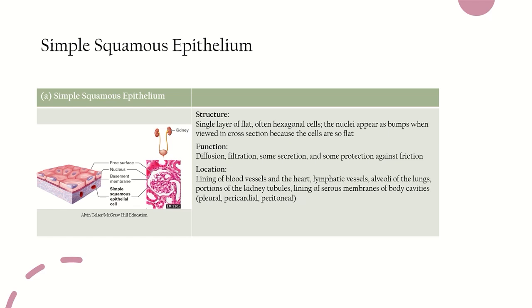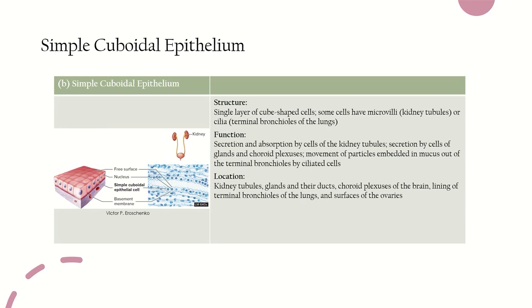An example of simple squamous: its functions are diffusion, filtration, and secretion, found in blood vessels, lymphatic vessels, alveoli of the lungs, kidney tubules, that sort of thing. Simple cuboidal: a single layer, but now a cubed layer. Secretion, absorption in the kidneys, glands, movement of particles of mucus in and out. Again, location reveals function.